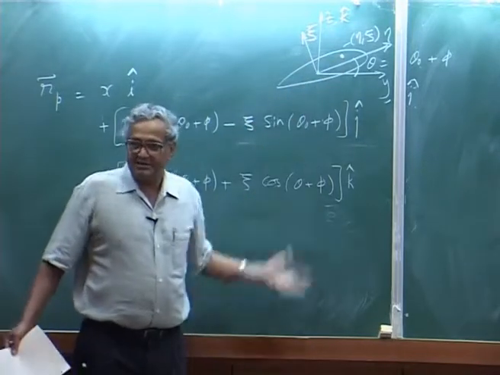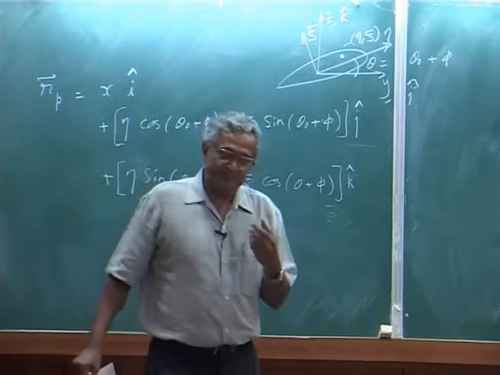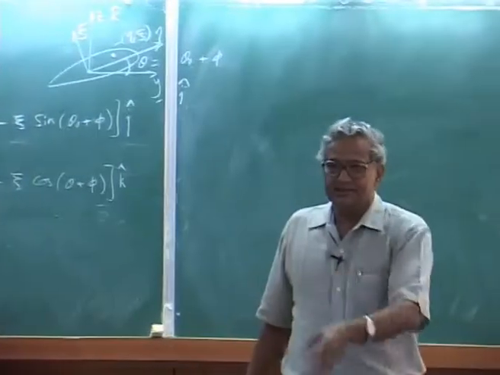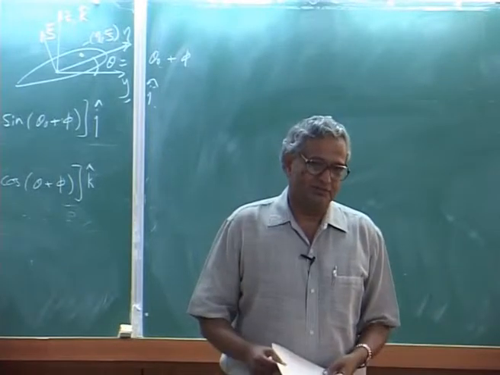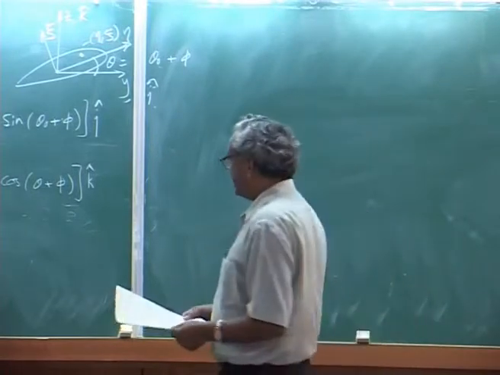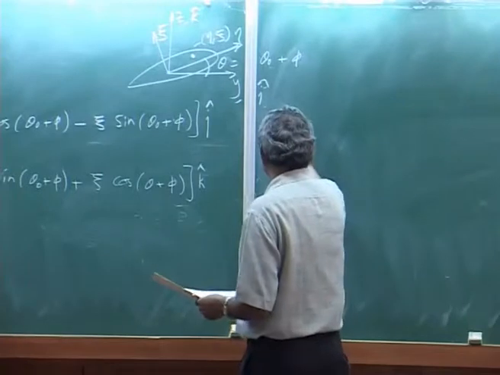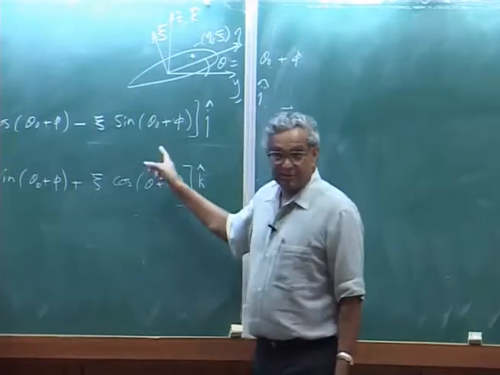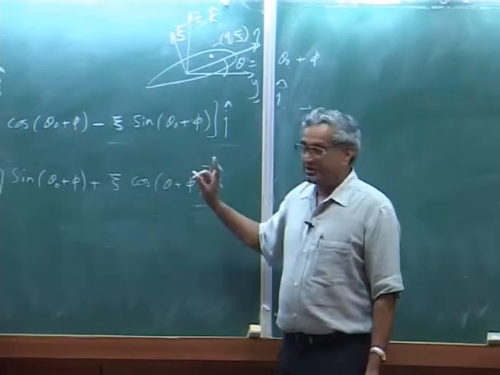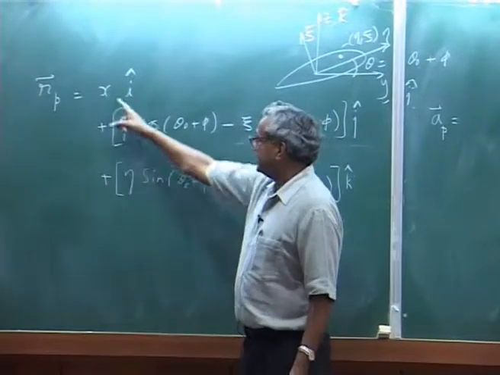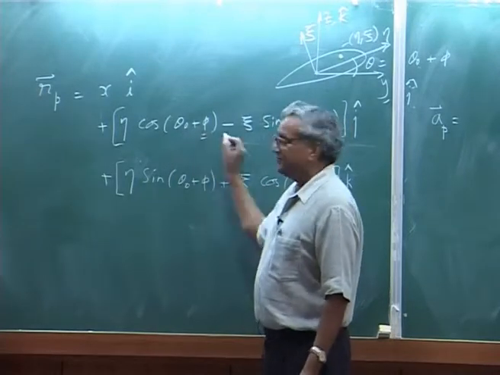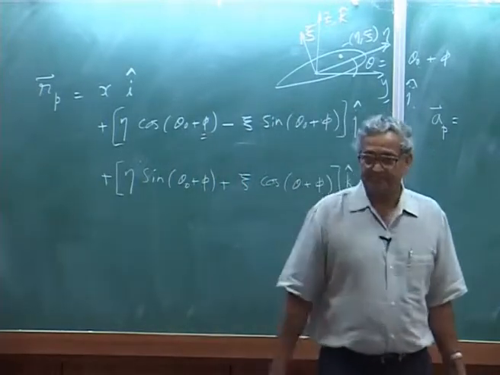Now you have to find out the velocity, acceleration, and then put the expression for inertia load. Okay, I will write the expression for the acceleration of the point P, because this is a rotating frame. What are constants are eta, x, xi, theta naught. Variable is phi. Phi can vary.